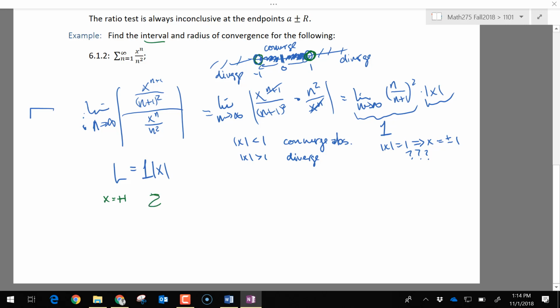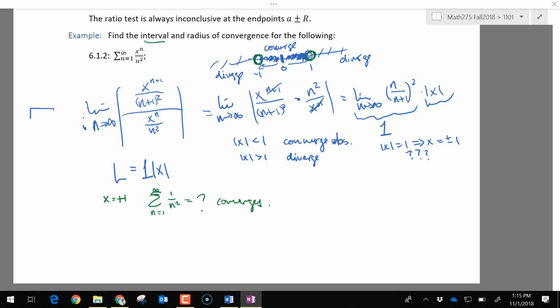So we're looking at the series 1 over n squared. Do you know what this is equal to? I don't know what it's equal to. But do you know if it converges or diverges? This converges. Why? Go back to Calc 2 and figure it out.